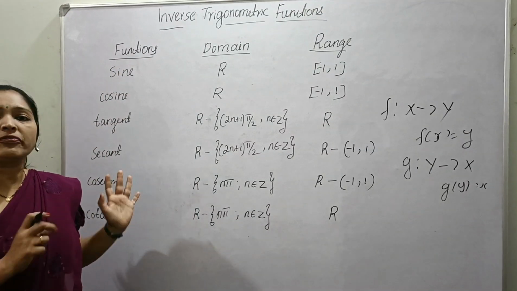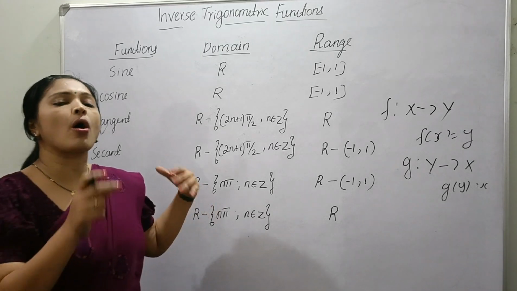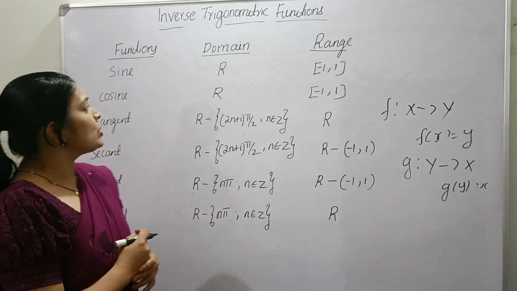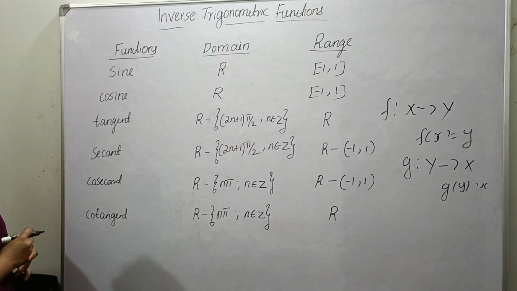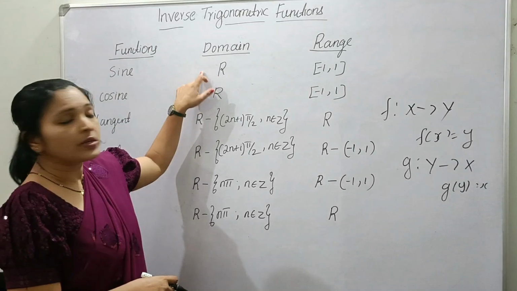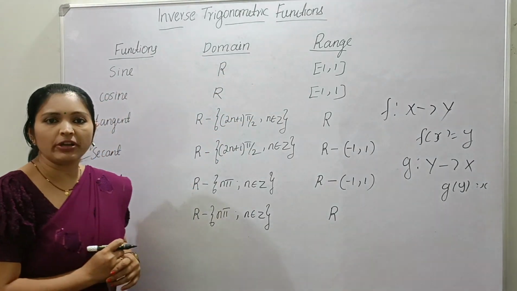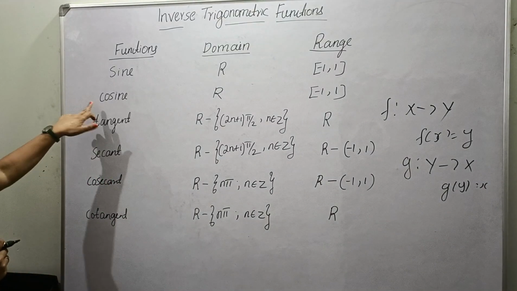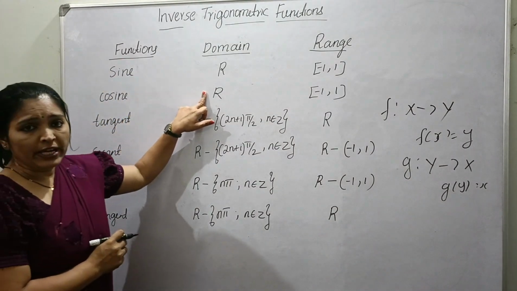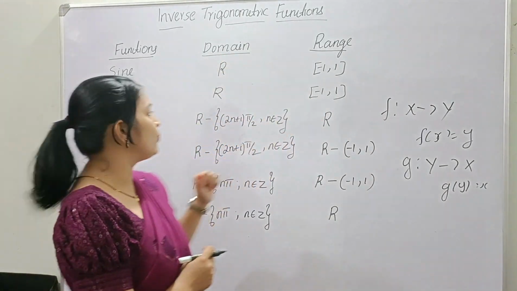All these trigonometric functions are not 1-1, so we will make some restrictions on domain and range. Let us recall: sine has domain R and range [-1, 1]. Cosine has domain R and range [-1, 1].